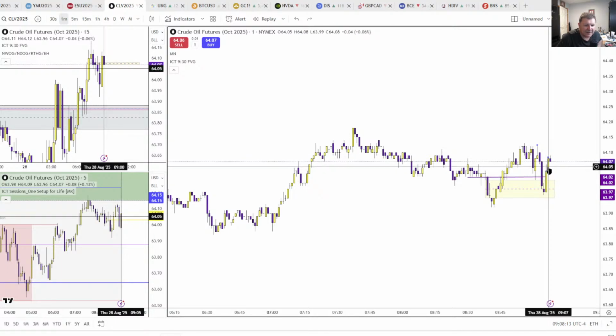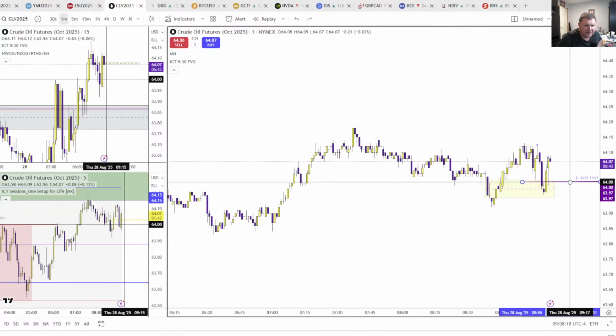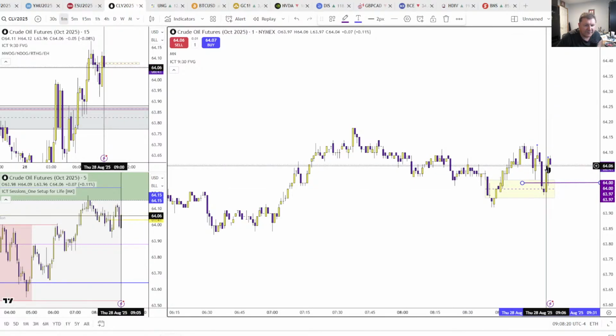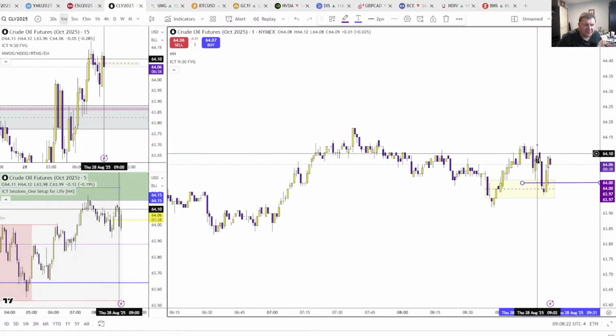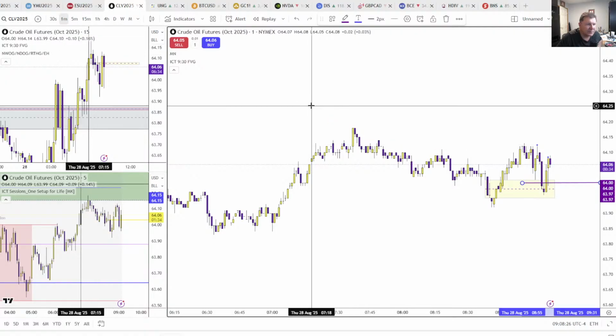Come back here to tap all the way into here, all the way down to here. So this could come all the way down to there. And then you want to see it close out above these highs here and start pushing through this next level of support.